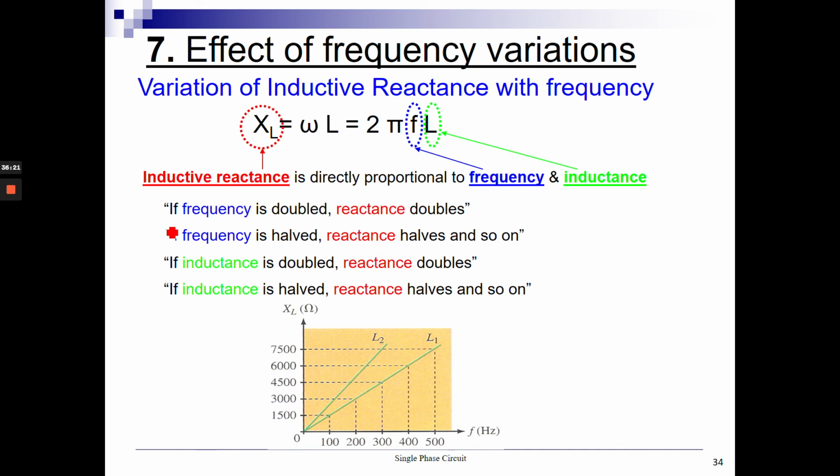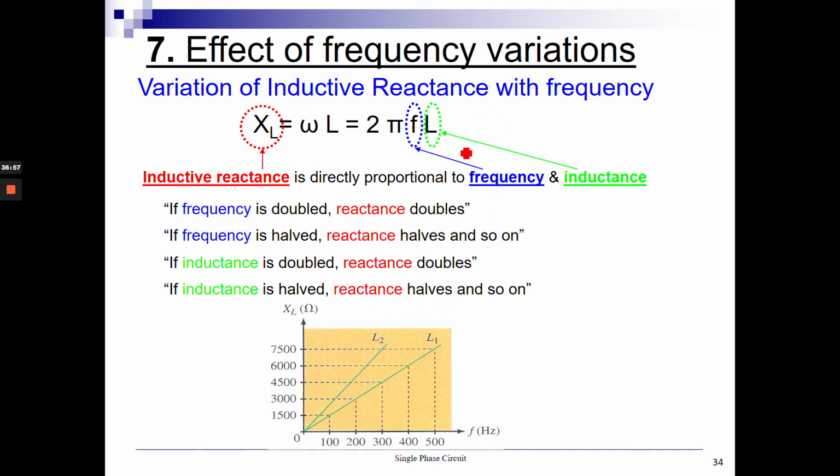So from this formula, if frequency is double, your reactance also double. If your frequency is half, your reactance also half, and so on. Okay. But if the inductance is double, your reactance also double. So if your inductance is half, your reactance also half.